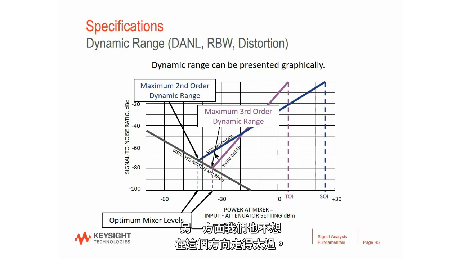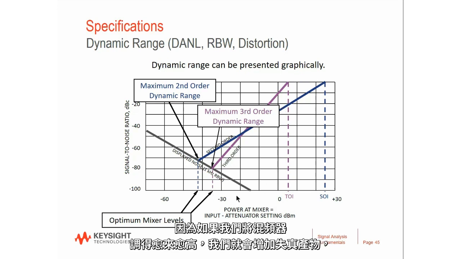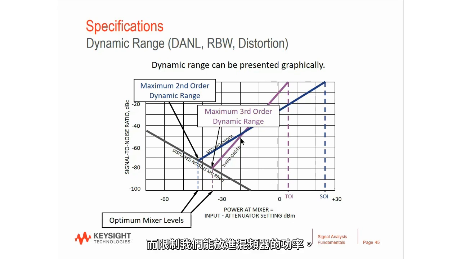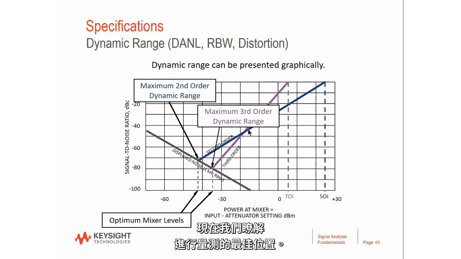On the other hand, we don't want to go too far in this direction. That would be a high signal level or a low value of attenuation, because as we drive the mixer harder and harder, we'll be increasing the distortion products that limit the highest amount of power that we can put into the mixer.